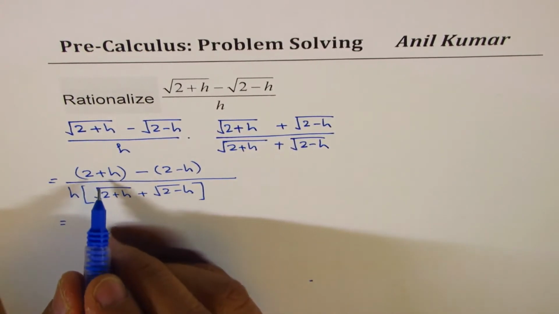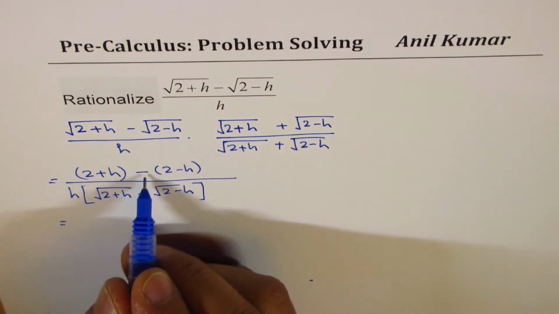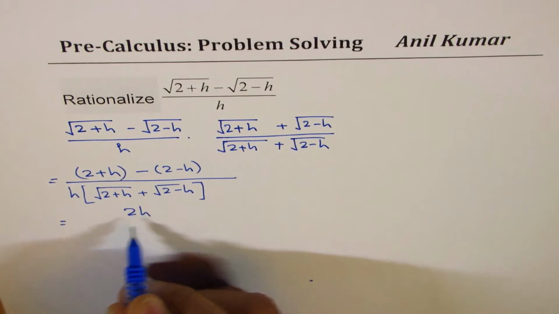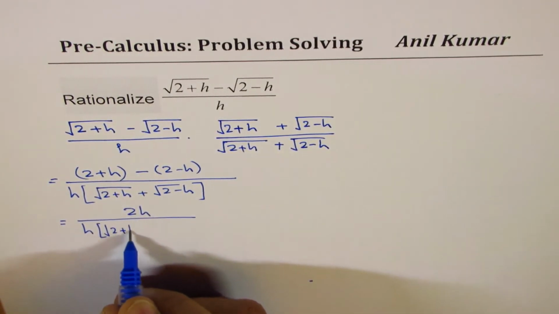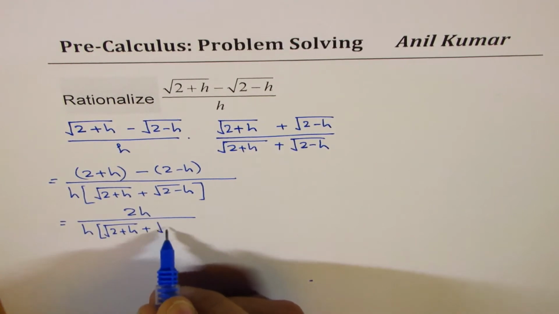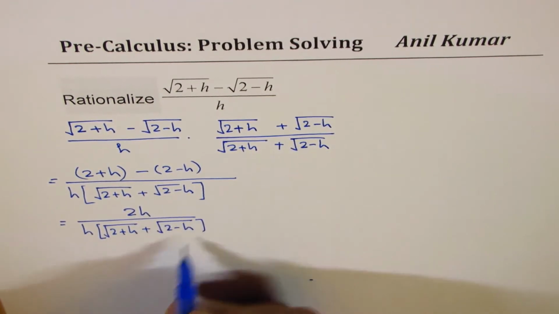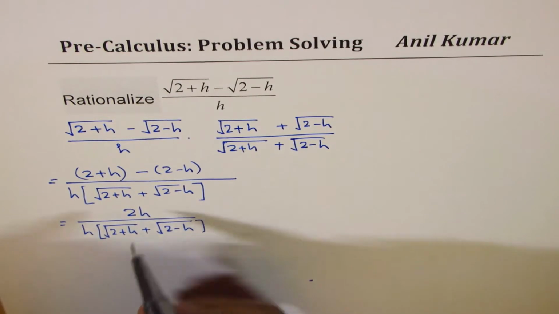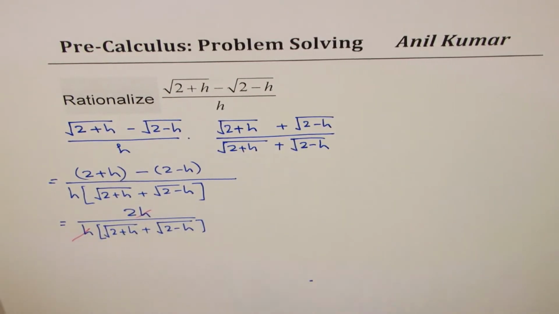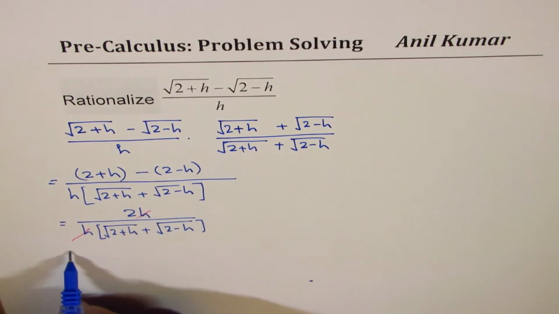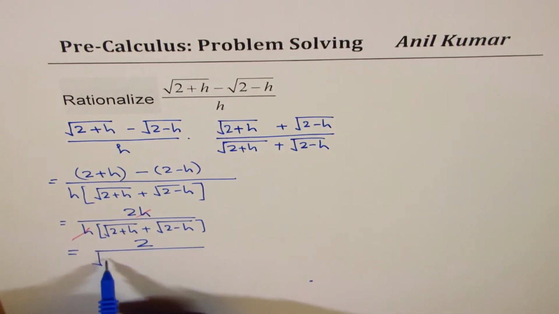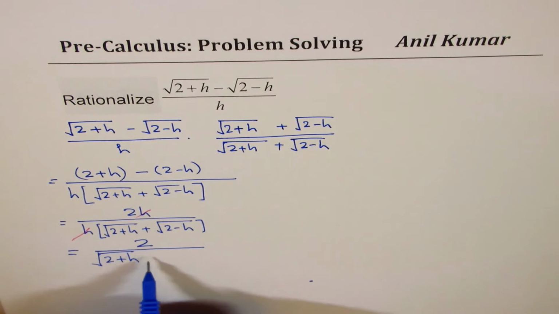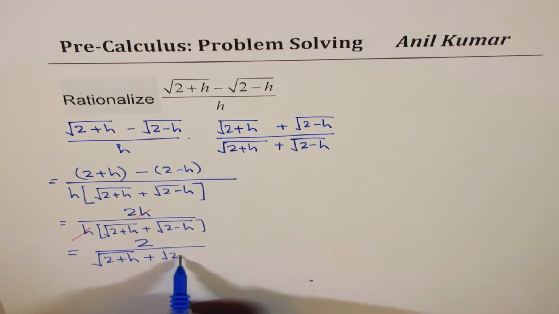Now the numerator, 2 minus 2 is 0, h minus minus h is 2h, divided by h times square root of 2 plus h plus square root of 2 minus h, right? Now you can cancel h and h and write this given expression as equal to 2 over square root of 2 plus h plus square root of 2 minus h.